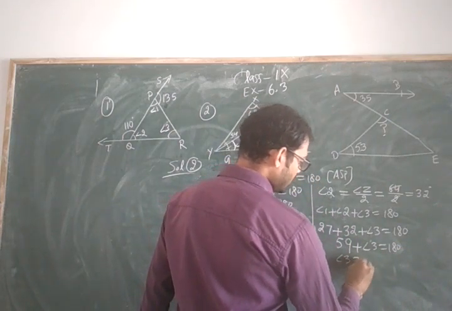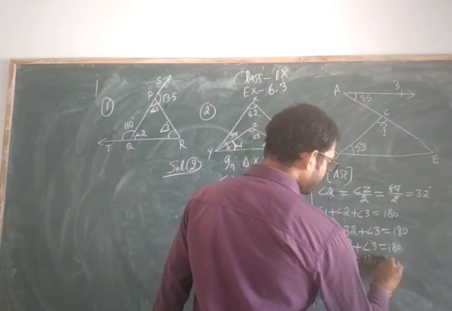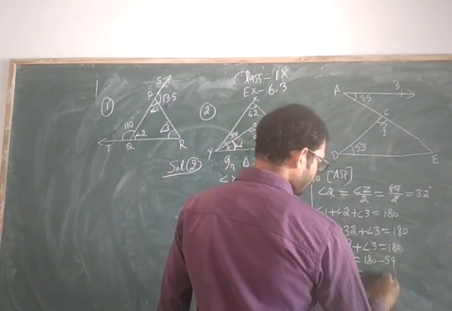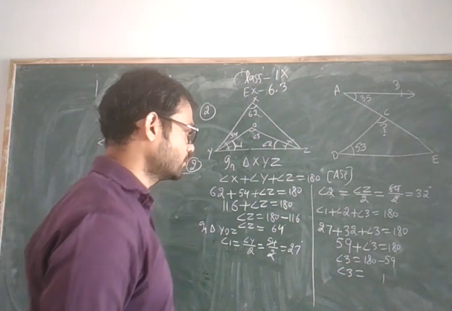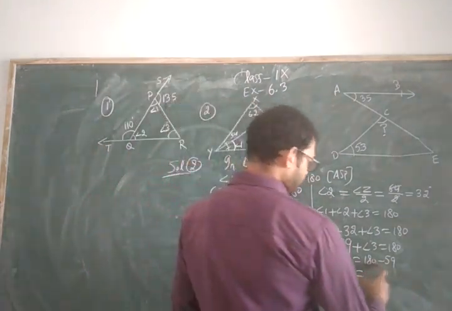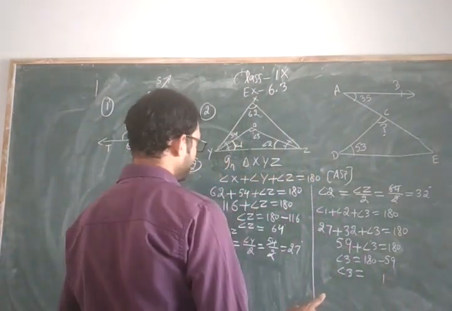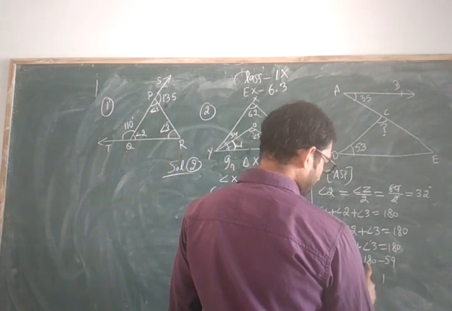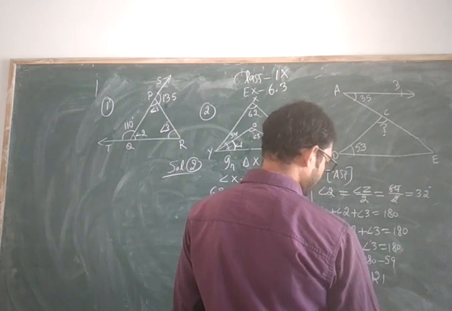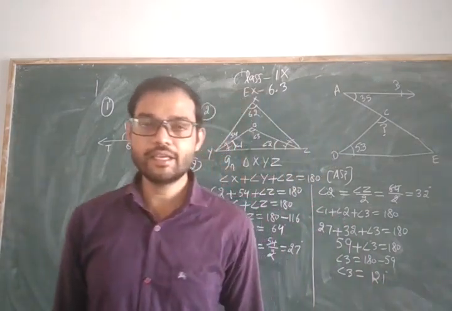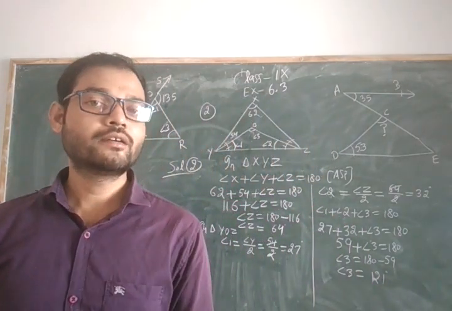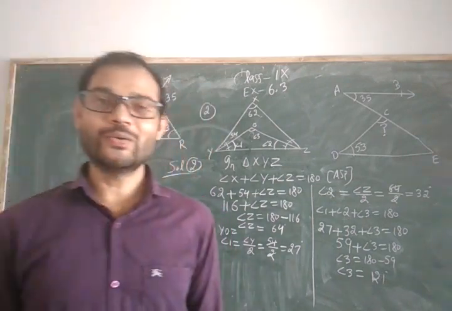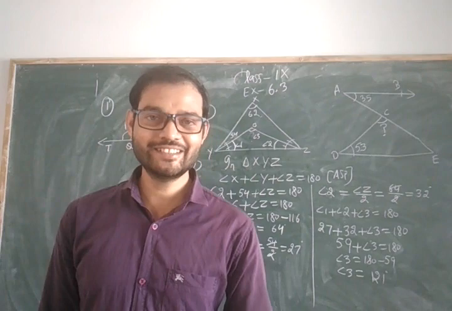So angle 3 will be equal to 180 minus 59. It means angle 3 is 121. ठीक है? Okay.